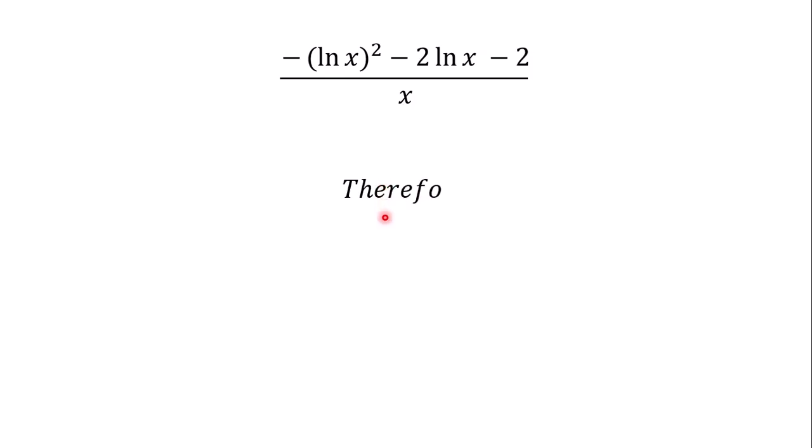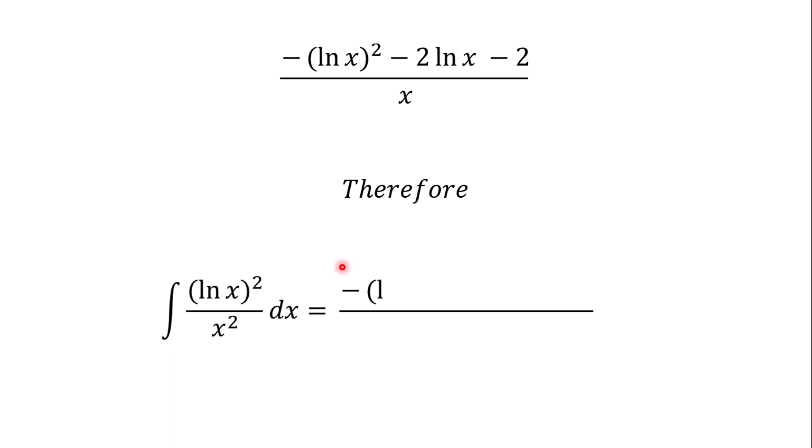Okay, now let's end it. Therefore, the integral of (natural log of x) all squared divided by x squared dx is equal to minus (natural log of x) all squared minus 2 times natural log of x minus 2, divided by x plus c.